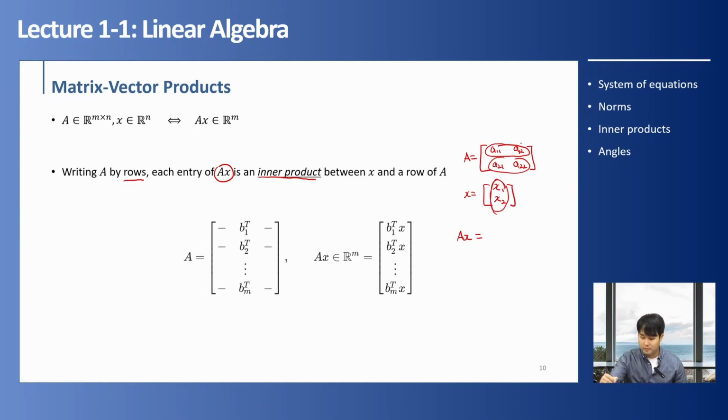And because we've previously called this row a transpose column vector, we can represent Ax as a collection of inner products between the rows of A and x. And if we extend this to a more generalized case, this becomes the representation of an inner product between A and x if we write A in terms of its rows.